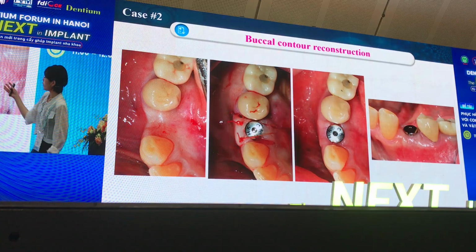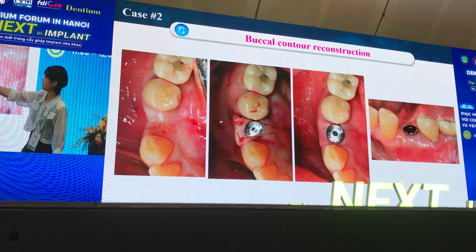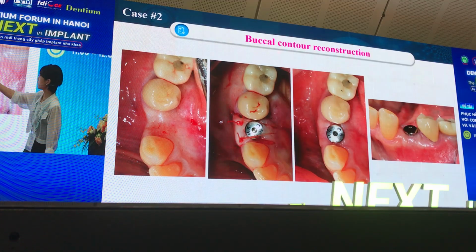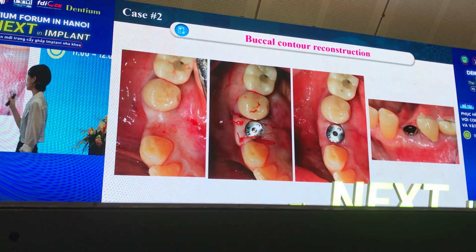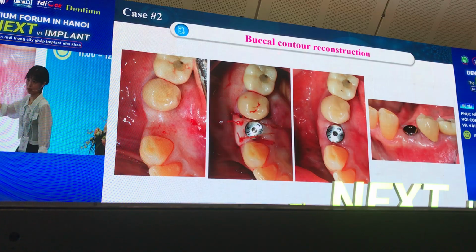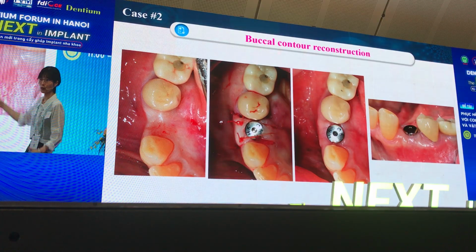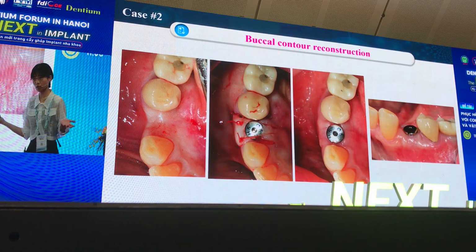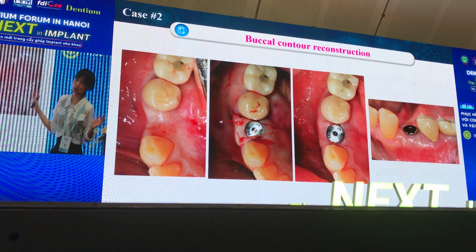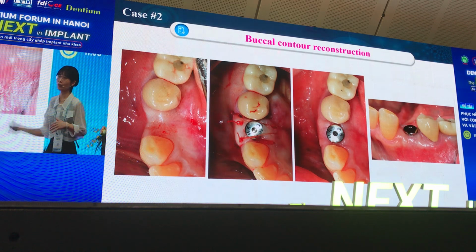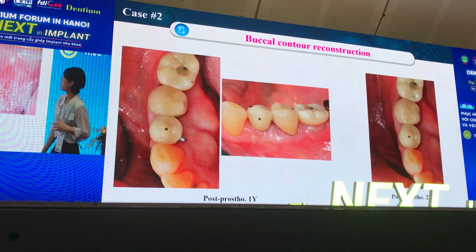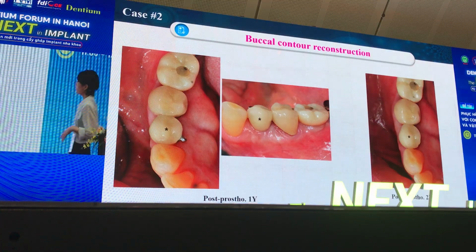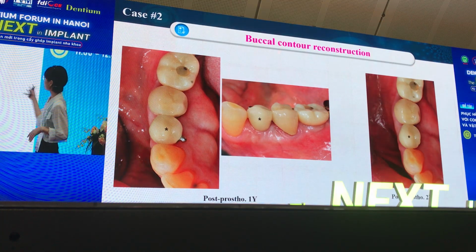Before the application, you can see the concave buccal contour, right? But after the application of Collagen Graft 2, you can see the convex contour. So we could get the buccal contour reconstruction without bone graft materials, just with the collagen method. So it is very easy and simple. You can see the color data.